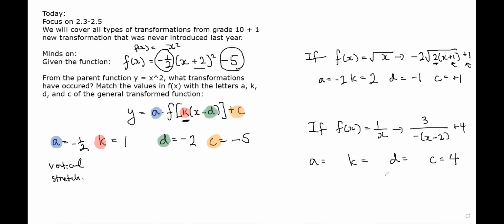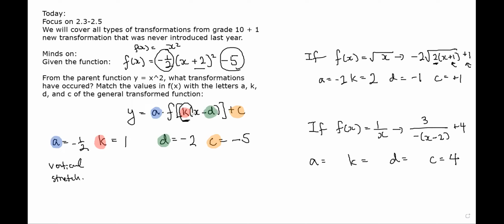Maybe the K would be 2. Oh, sorry, I'm looking at the wrong one. Maybe 3. K could be a 3. Well, there is a multiplication involved in that, but unfortunately, it's not a K value. But that's okay.